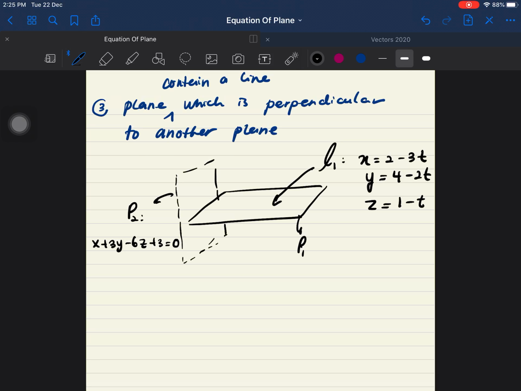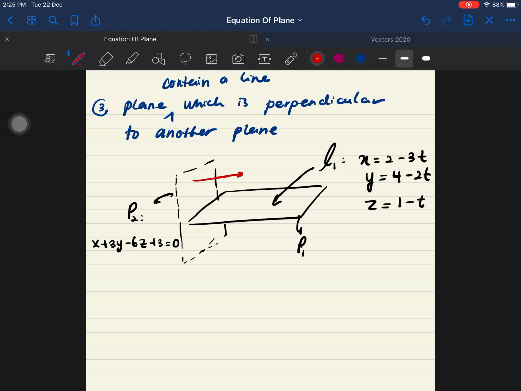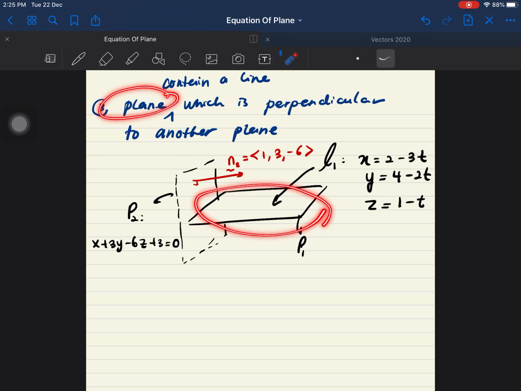Contoh. So kita tahu bila ada plane, so ada normal vector. So what is the normal vector here? So N dia normal vector dia kan. So N1, N2. So N2 is equals to 1, 3, -6. Okay. So yang mana satu bila kita nak buat equation for this plane, plane 1. So apa kita punya normal vector? Okay.